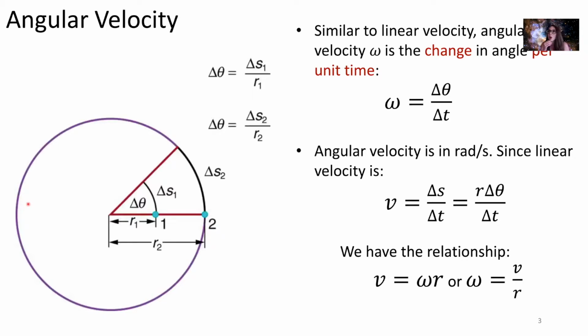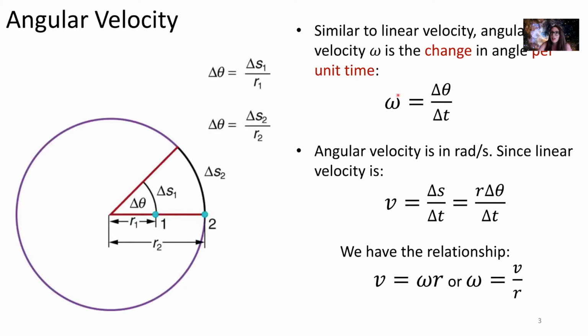Okay, so we are going to be using a quantity that we call the angular velocity. The angular velocity is similar to the linear velocity, that's the velocity that we've been using the whole time up until now. Angular velocity we're going to represent as the little Greek letter omega, which is just this curly W. Angular velocity is the change in angle per unit time.